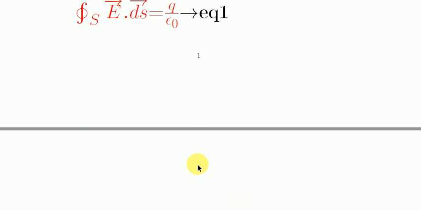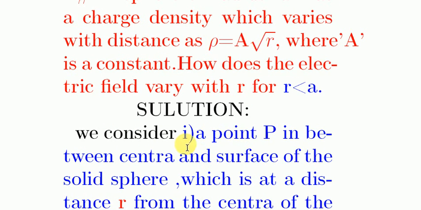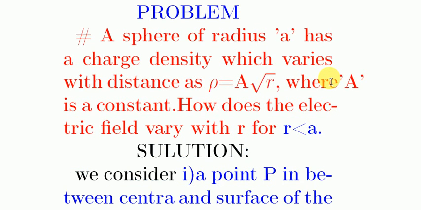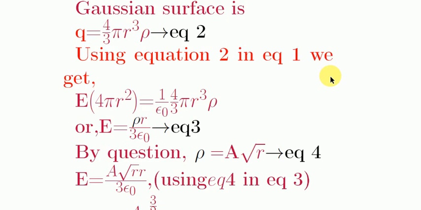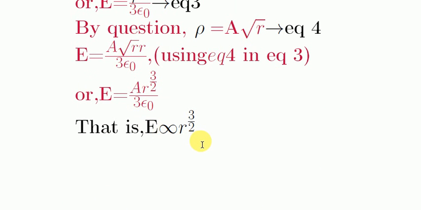So the question was, how does the electric field vary with distance from the center of the solid sphere, that is vary with r for r less than a, that is for an inside point. So the answer is this: the variation of electric field with distance inside the solid sphere is E proportional to r to the power 3 by 2.